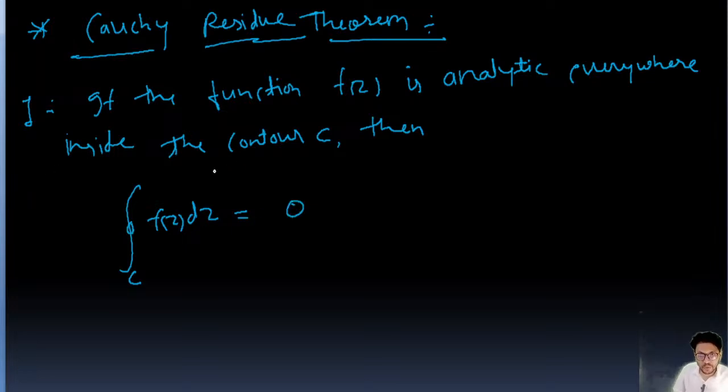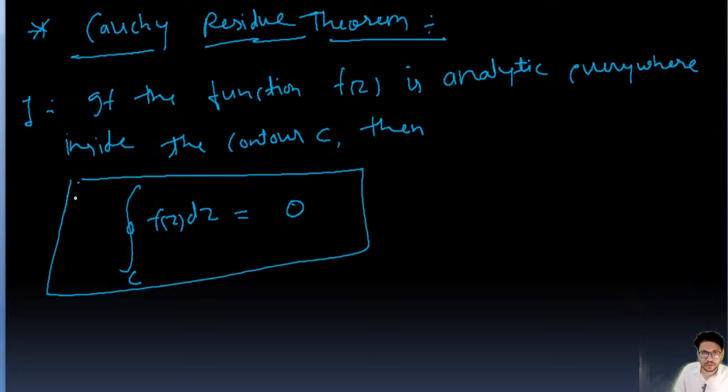If there are no poles, it means the value of the closed contour integration of f(z) dz is 0. Very important, okay, this is 0. This is the first point.